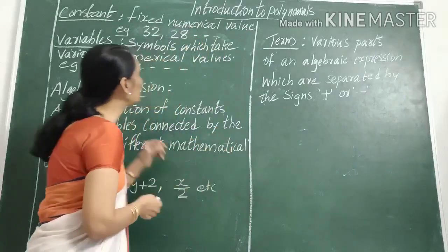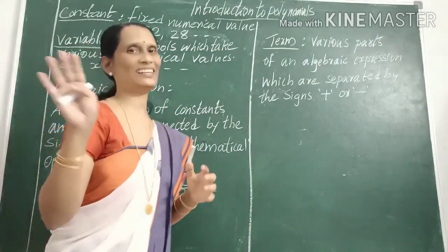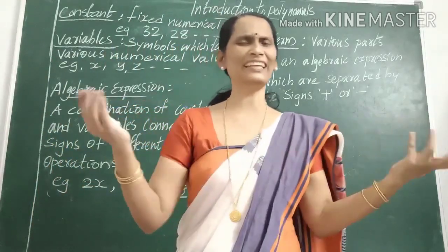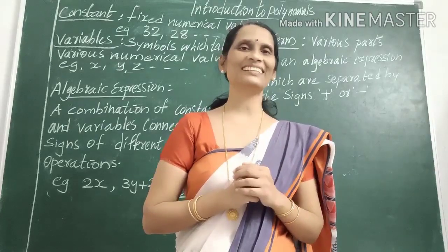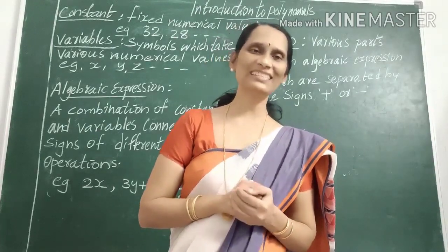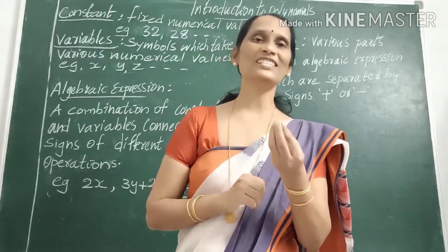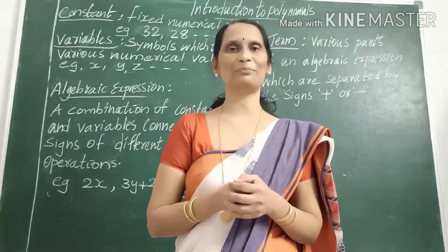What is a constant? Constant is a fixed numerical value like 1, 2, 3, etc., 32, 28, any fixed number. It may be a fraction also, 1/2, any rational number, right?